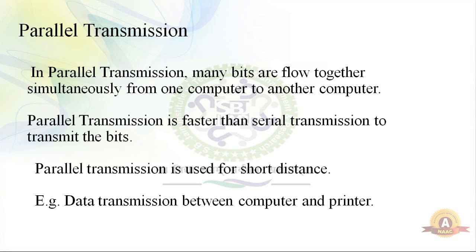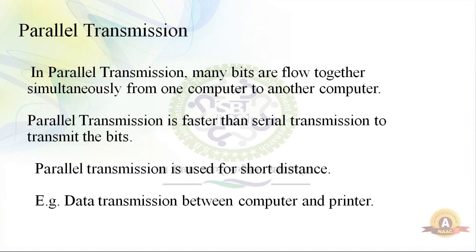Second, parallel transmission is faster than serial transmission for transmitting bits, and parallel transmission is used for short distances. Whenever the devices are close, the data is transferred simultaneously from one place to another.